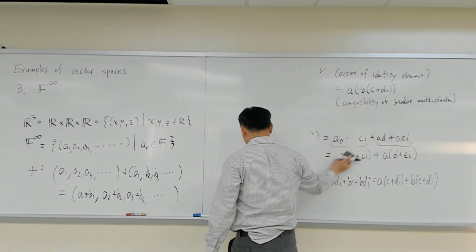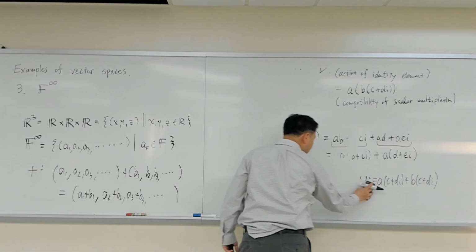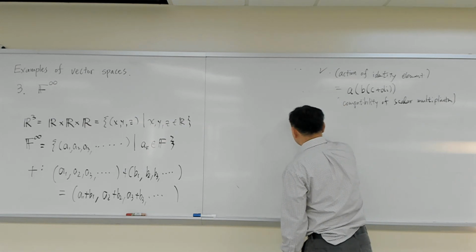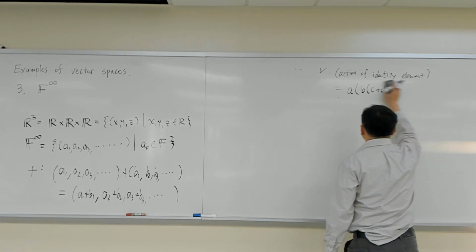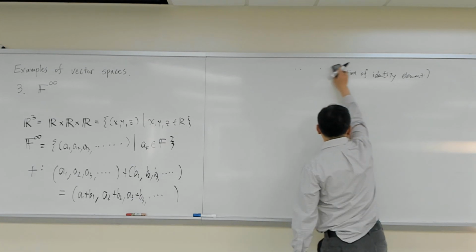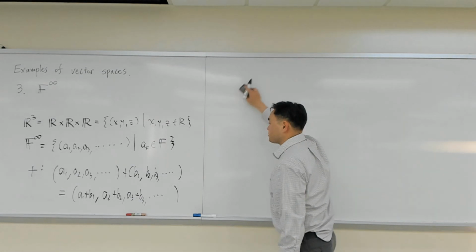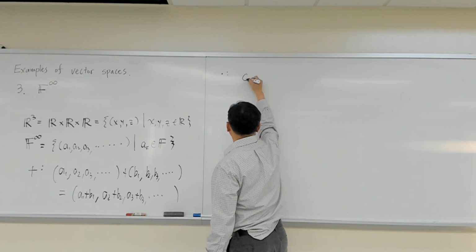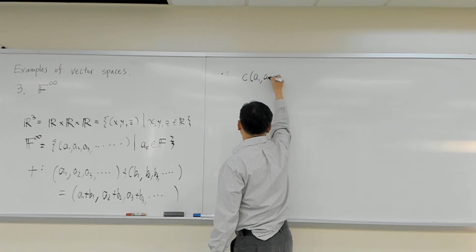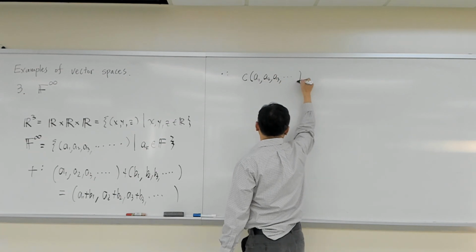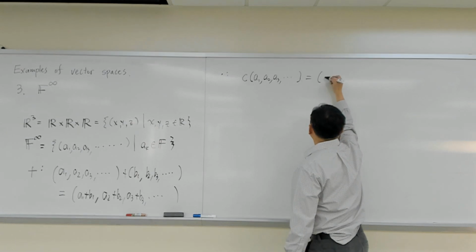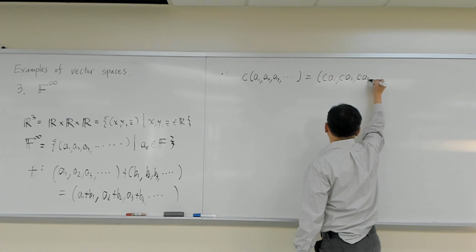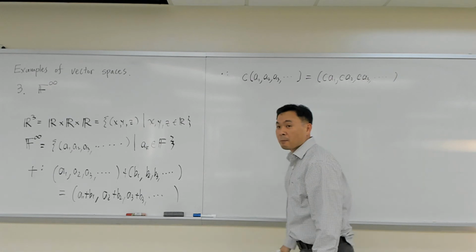How about scalar multiplication? Can you do scalar multiplication? Scalar multiplication would be if you have some constant multiplied to A1, A2, A3, it's simply C times A1, C times A2, C times A3, right?